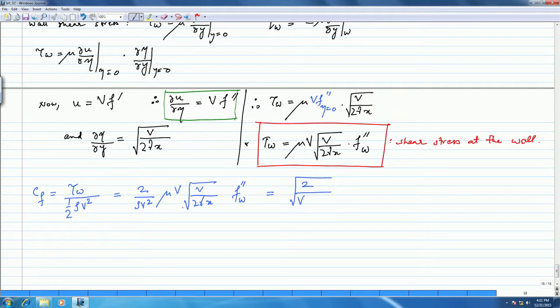You can do the math a little bit. This v at the numerator cancels one v of this v square, and then I've got a root v here. I cancel one root, so then I get v here. And then you have nu, and then you have x, and again I will write this as f double dash at the wall.